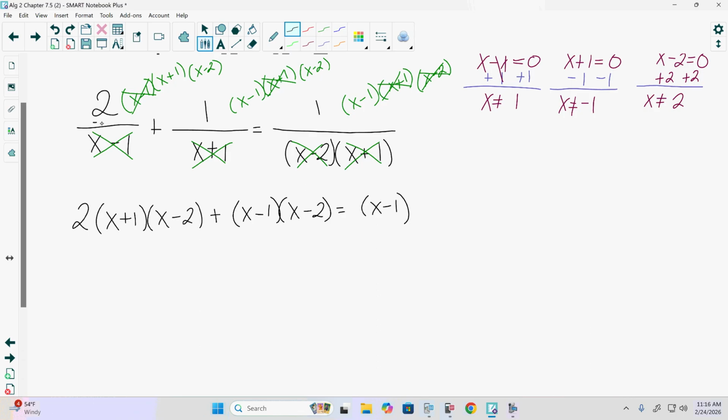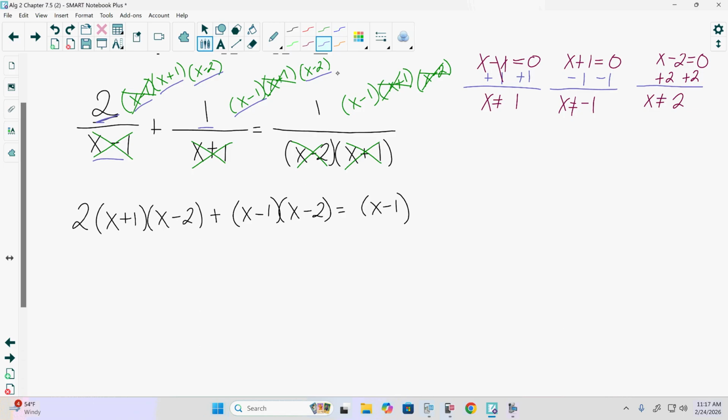Right, so here, and so when we go back to rewrite it, so I have 2, x plus 1, x minus 2 still being multiplied. Or the x minus 1 on top and bottom cancels. And the next one we have 1 times x minus 1 times x minus 2 left on top. I'm not going to write the 1 because that's understood. And we have that left.